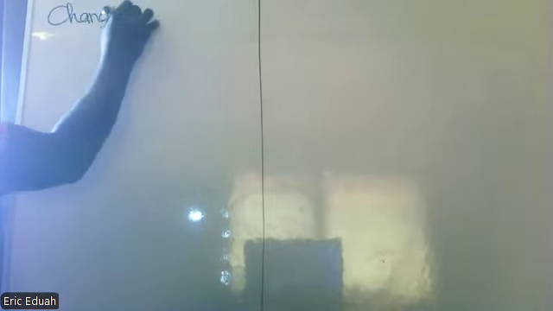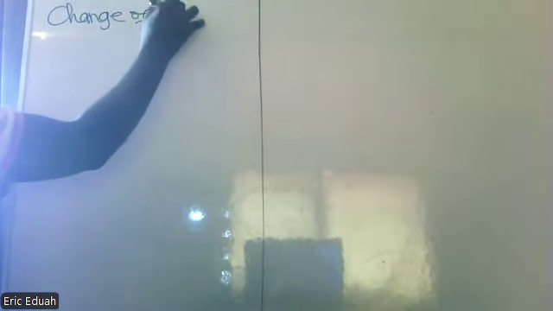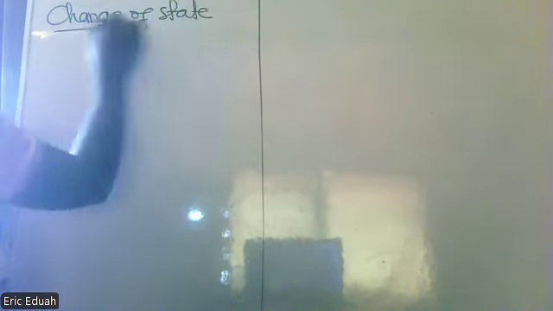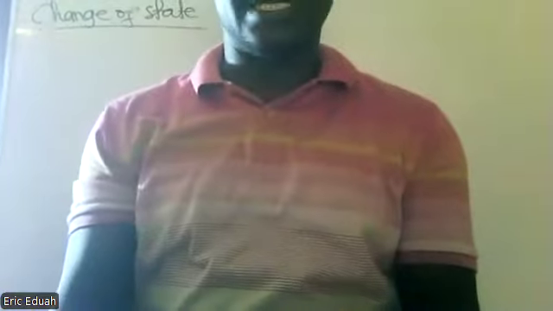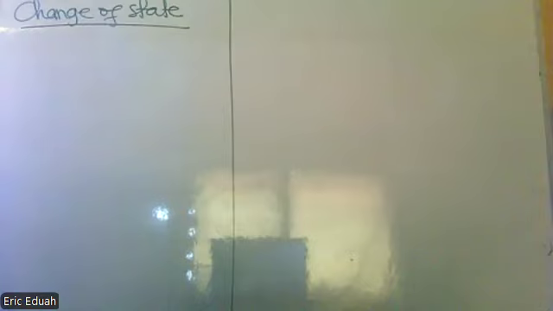We've discussed change of state for some time when we started heat. So substances exist, for now we know, in three states: solid, liquid, and gaseous.